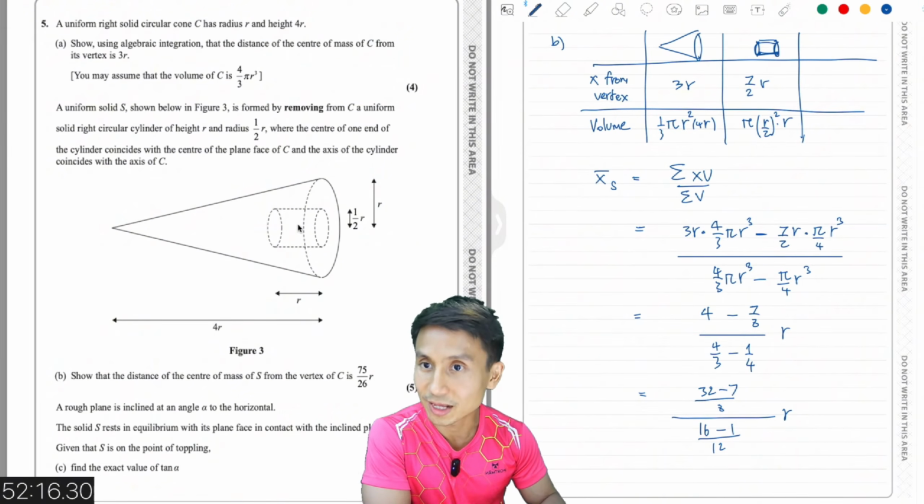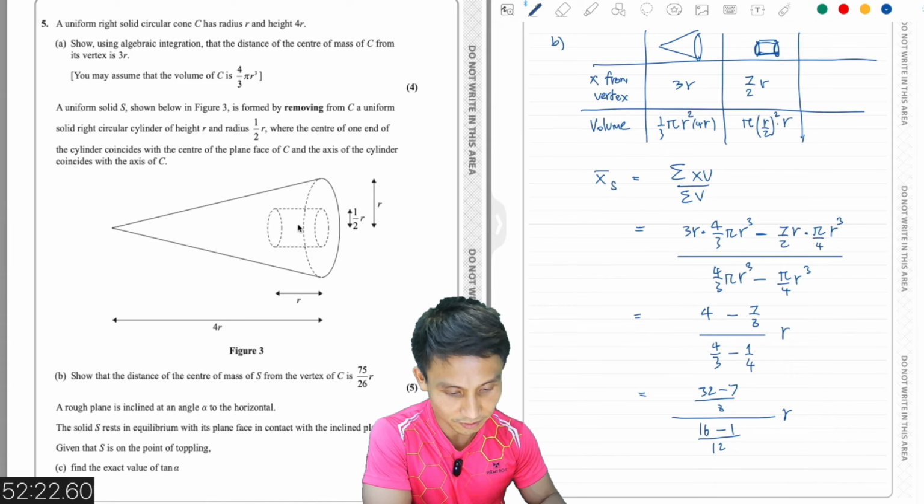So we have proven that the center of mass of the cone is that, and then we remove. So subtraction is fine. 1 over 3 pi r squared h, yeah, that should be the right formula for a cone.